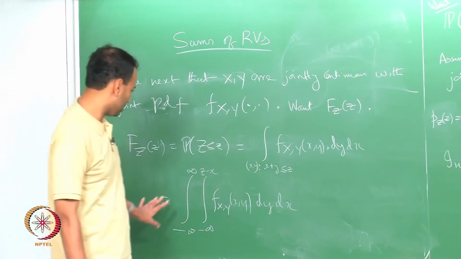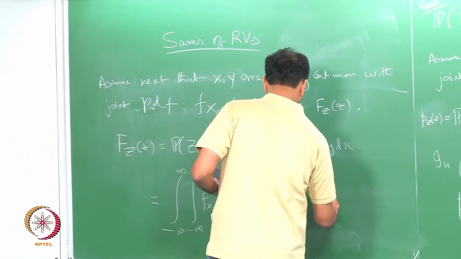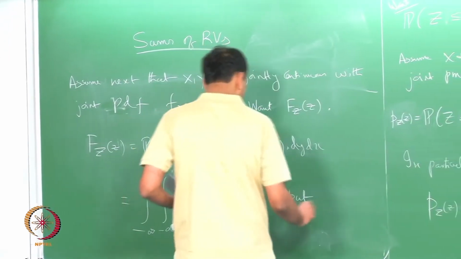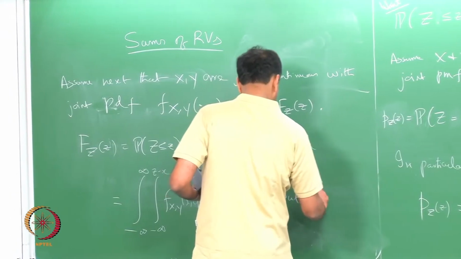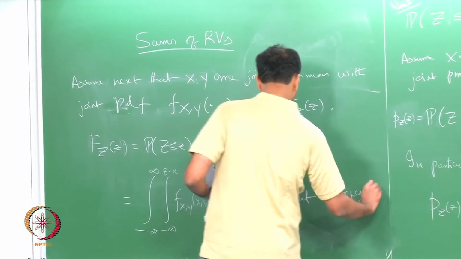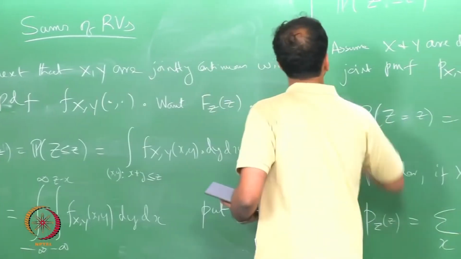But it turns out this can be simplified a little. Conceptually it is over, but if you put t equal to x plus y, then this simplifies a little bit.